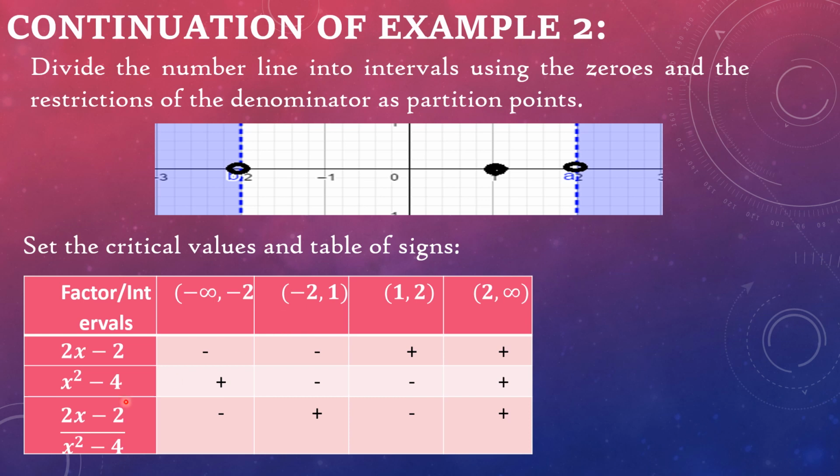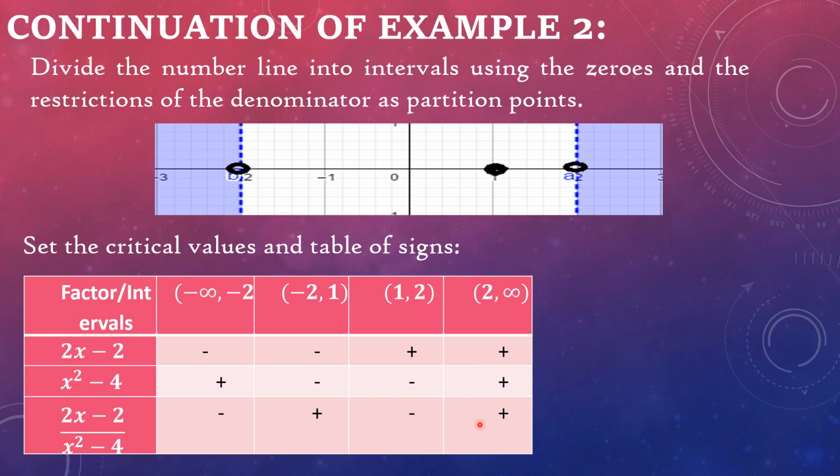Next we have x squared minus 4. We substitute negative 1. So negative 1 squared is 1 minus 4, which is negative 3. So negative over negative is positive. Okay, same is true with this column and the last column.